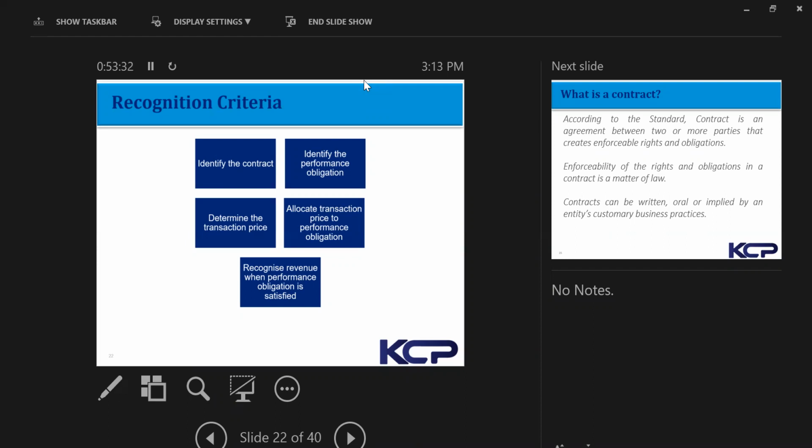You need to look at the enforceability of that contract within the geographical territory where you're operating. There are some things that may not be enforceable in Nigeria that are enforceable elsewhere. So you need to dissect that within the purview of our substantive law or constitution in the country.